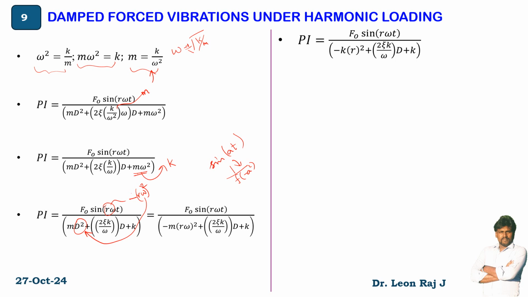So the particular integral equals f0 sine r omega t divided by minus k r square, since m omega square is nothing but k, plus 2 xi k divided by omega into d plus k. It is further written by taking the k out of the term. The k is taken outside.